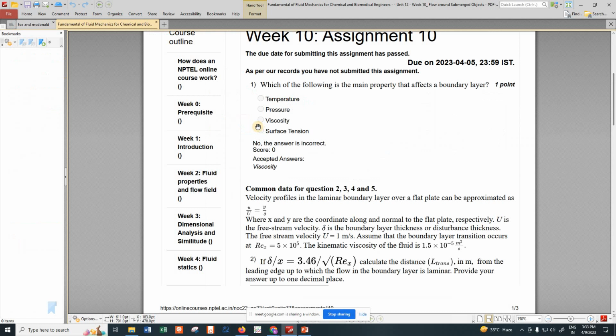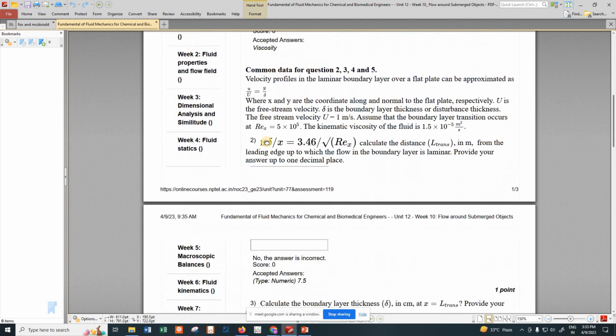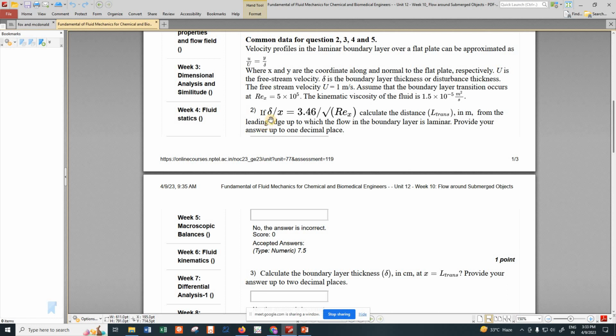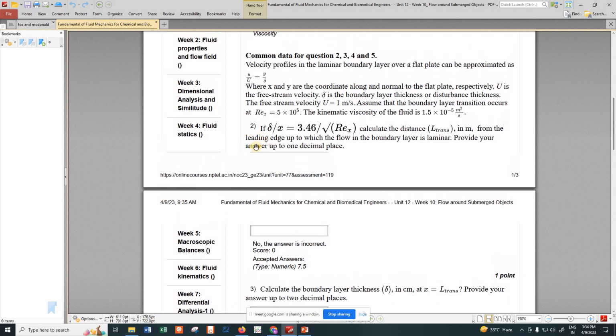Okay, so the second question. There is a common data associated with questions 2, 3, 4, and 5. The velocity profile in the laminar boundary layer over a flat plate can be approximated as u by u infinity is equal to y by delta, where x and y are the coordinates along and normal to the flat plate respectively.